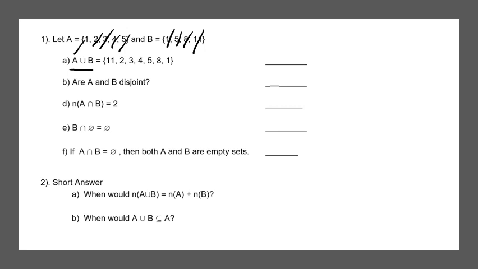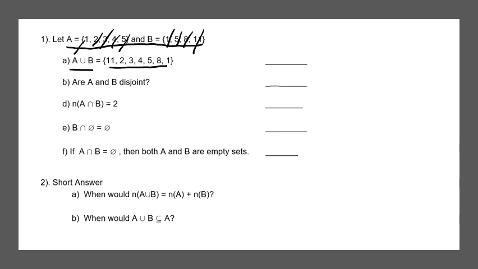But be careful, because we have to make sure everything here is the same, because this is a true-false question. 11's in B, 2's in A, 3 is in A, 4 is in A, 5 is in A, 8 is in B, 1 is in B. So we have both conditions satisfied.